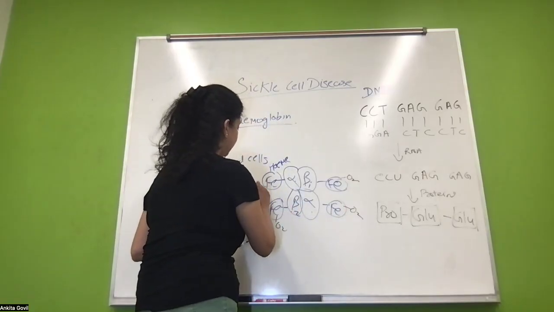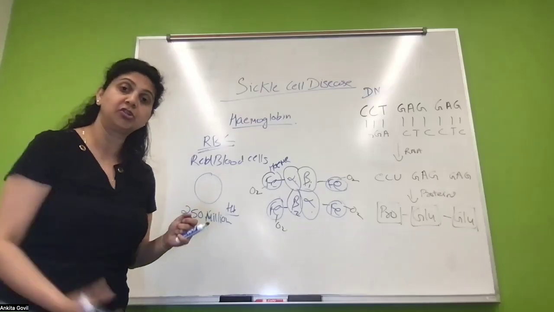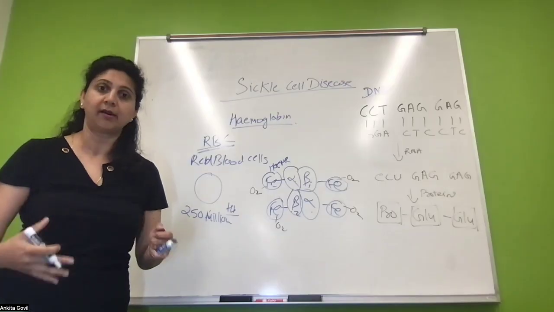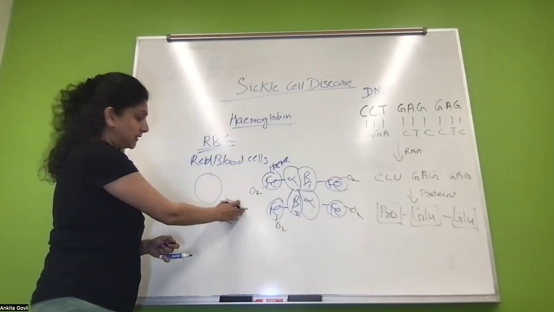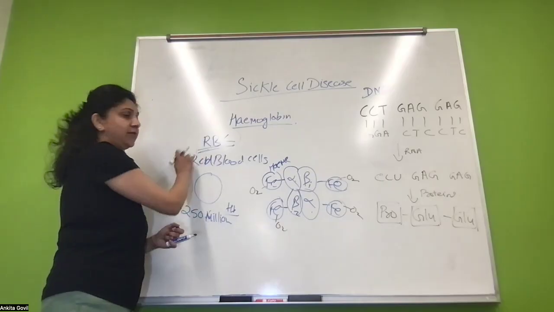So you must have heard, or you must be knowing this part, that blood carries oxygen throughout the body, right? Now, how does the blood carry oxygen throughout the body? It is because this hemoglobin molecule is present in the blood. What is blood? Blood is RBCs, red blood cells.